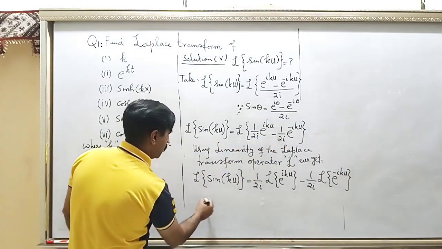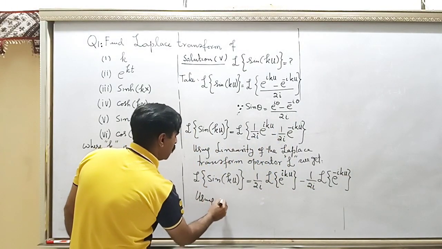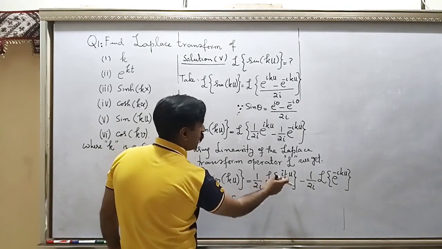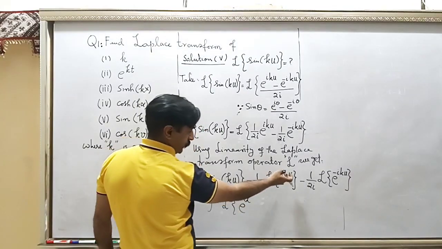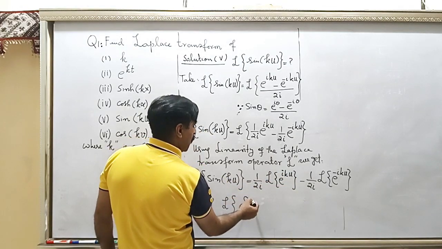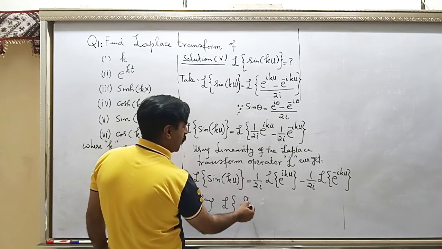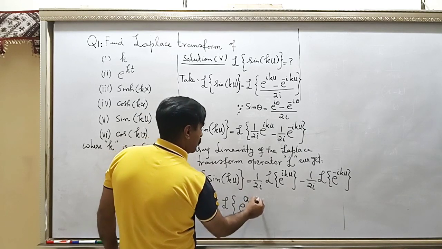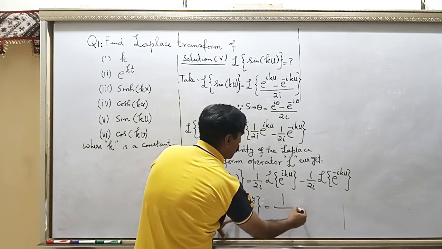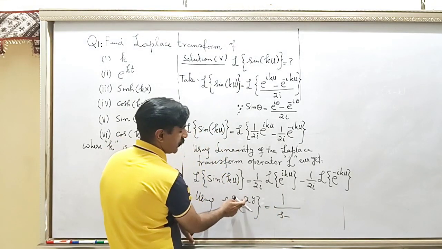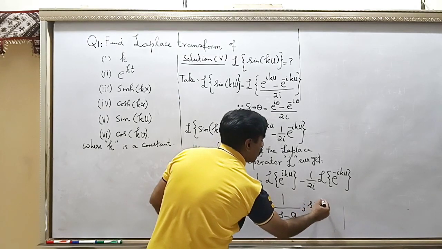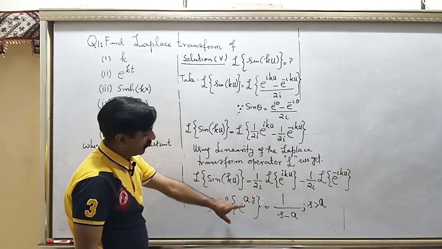Now use the result. Using the Laplace transform of e to the power, since you already have k, you can mention a new constant a, and you can mention any new variable, for example y, and what will be your result? 1 over s minus the constant a, where s is greater than a, right?